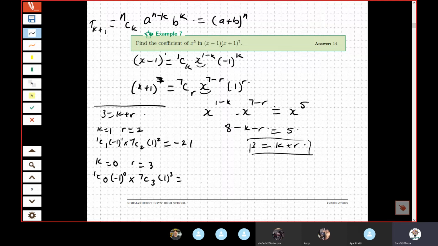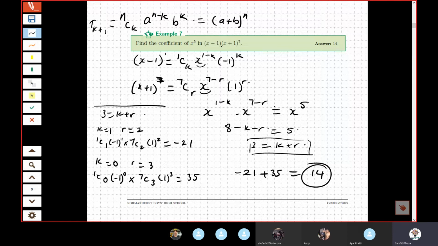That becomes 7 choose 3, which is 35. Those are your two cases. And because you're looking for the coefficient of x to the 5, it's going to be negative 21 plus 35, which becomes 14.